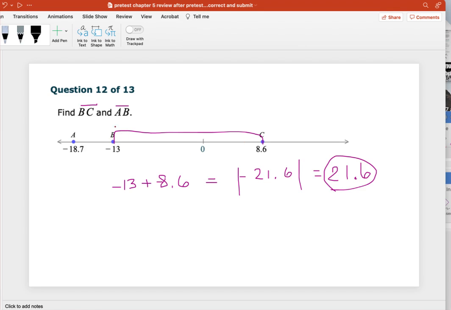Now we're going to do from A to B. Okay, so we're going to say negative 18.7 minus a negative 13. Okay, so minus a negative is addition of a positive. So we're adding opposite signs, which means we subtract the two absolute values.